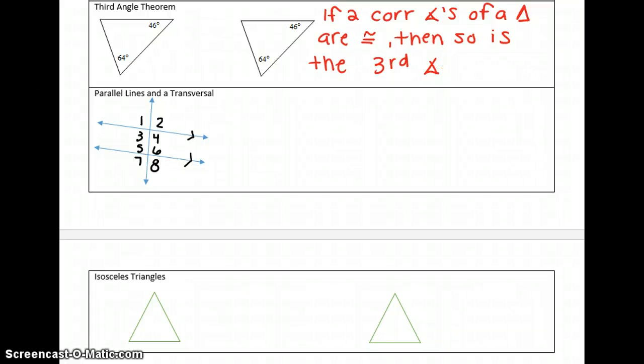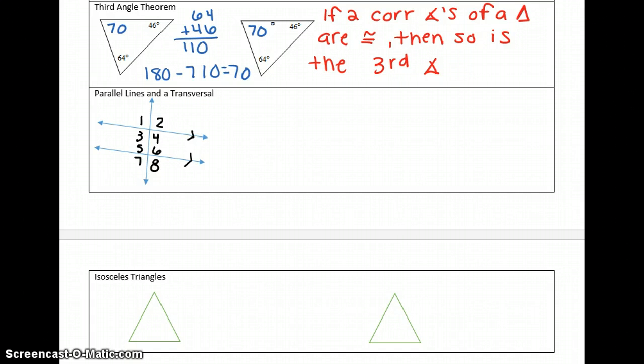I can prove this by simply finding the missing angle. 64 plus 46 is 110. If I subtract that from 180, I can find that my missing angle is 70. If I did the same thing here, 64 plus 46 is 110, subtracted from 180 tells me my missing angle is also 70. So just two angles the same tells you that that last angle is also the same.